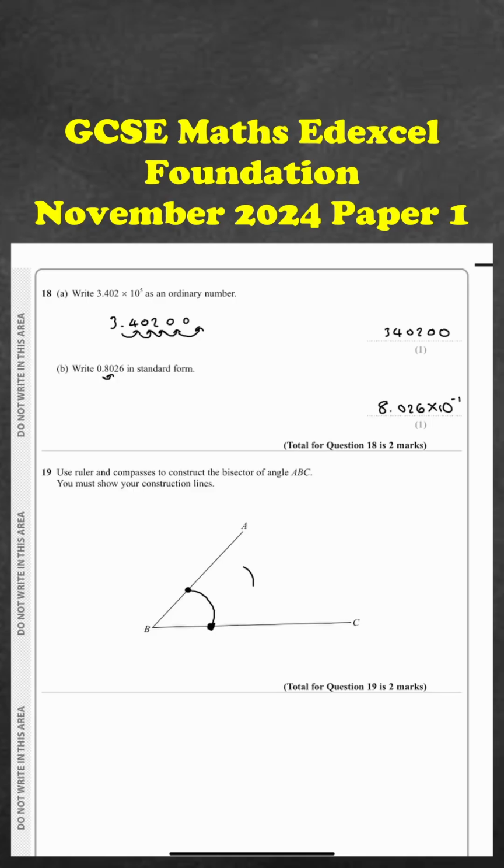Then you're going to move them to the other side, put them on the other point, and that should also create a little arc. And so you can find the point where the two of them cross. You make a little X. Then you need to draw a straight line from that midpoint where the two little arcs cross to point B here. And it should look something like this.